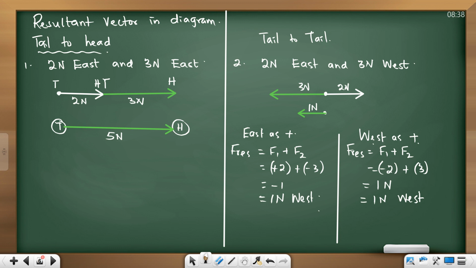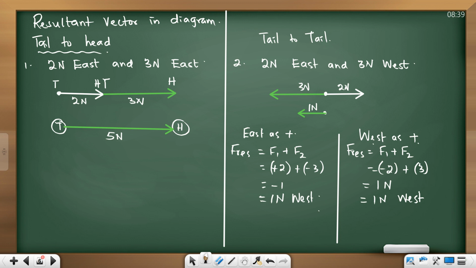So the direction really doesn't matter when you choose, but you must keep that direction until you get a final answer. Okay. All right, let's quickly get back to that question.